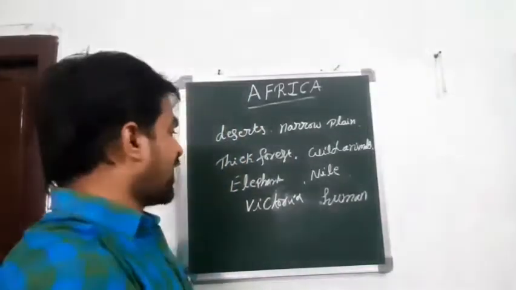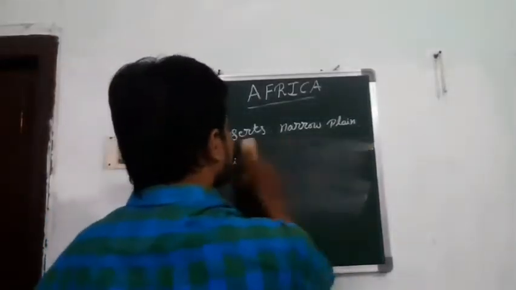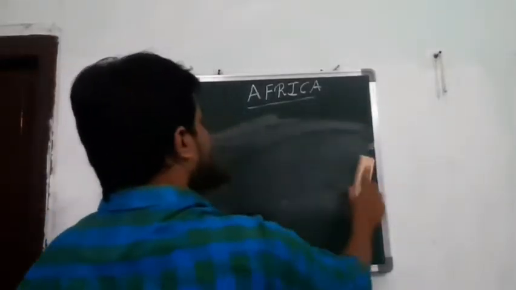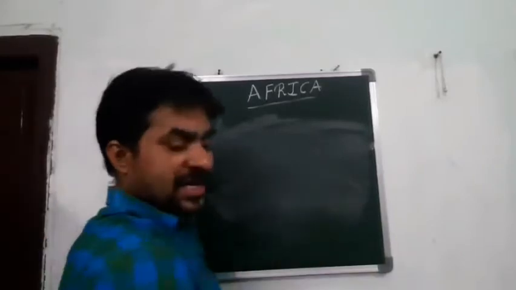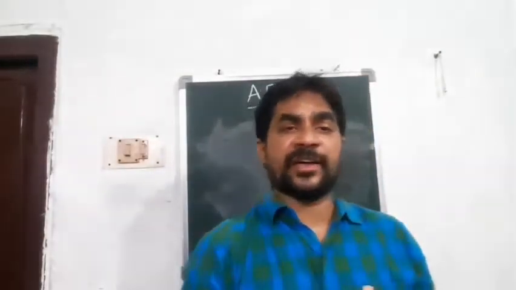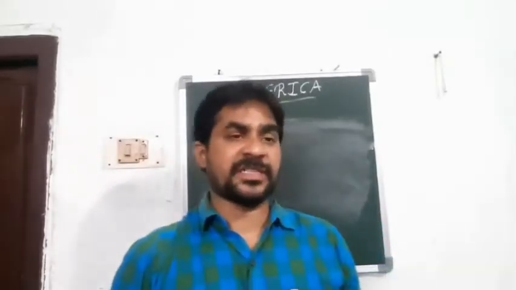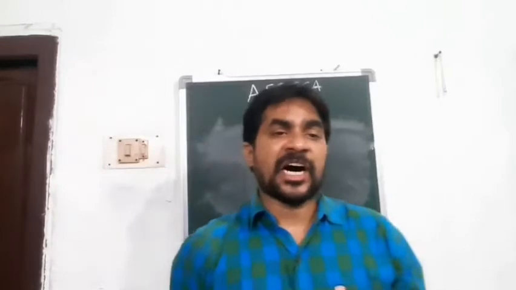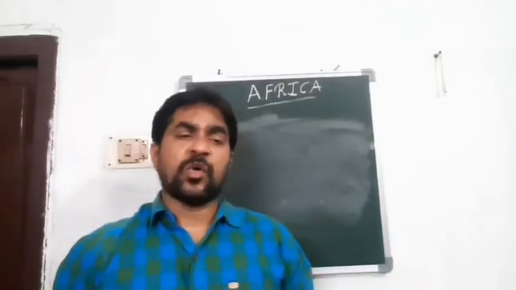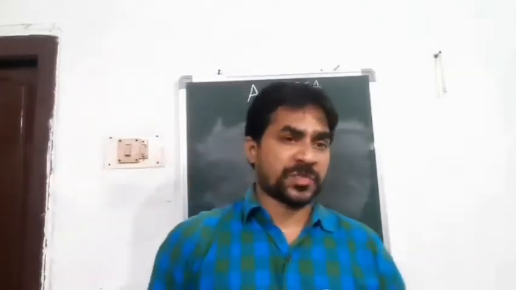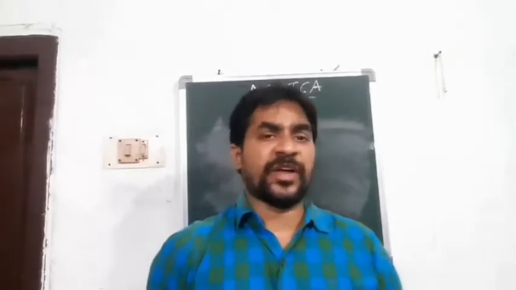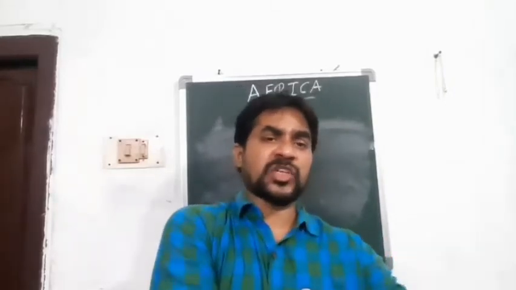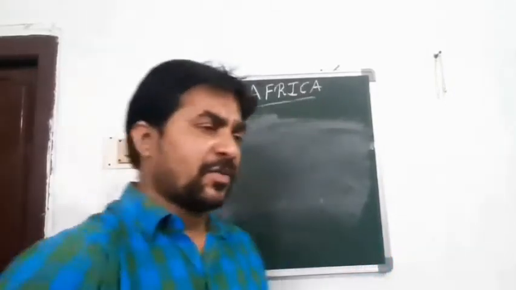And also the first human beings started from the region of Africa. From this African continent only, they went to other continents, meaning they separated to the other continents. So it means Africa is one continent which has a lot of specialties.